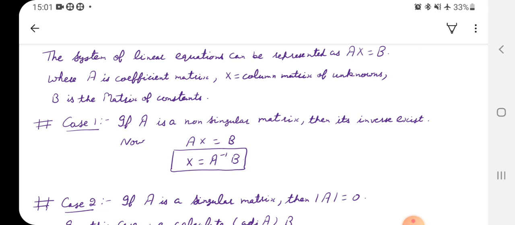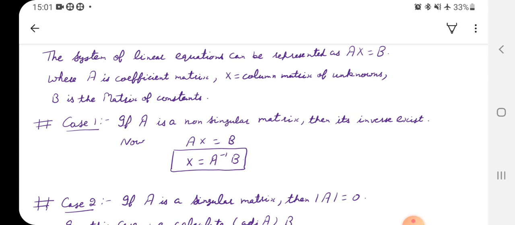So first of all, to find the solution of a linear system of equations, the first case is this. If A is a non-singular matrix, that means the determinant of A is non-zero, then its inverse exists. If the inverse exists, how to find the solution?